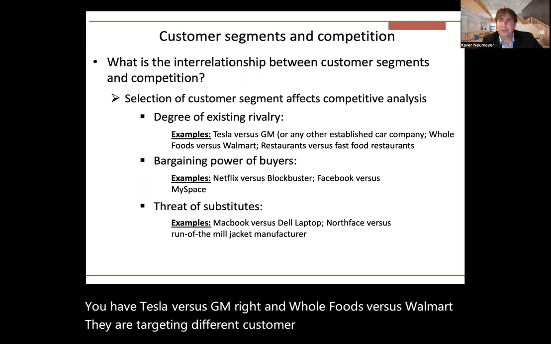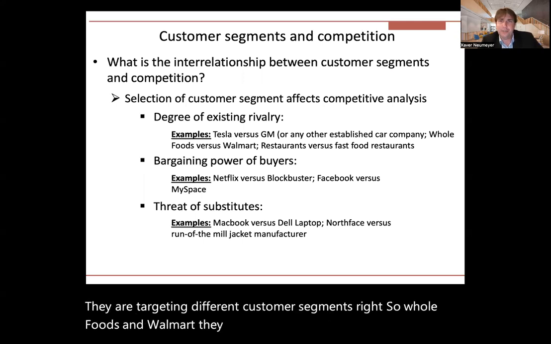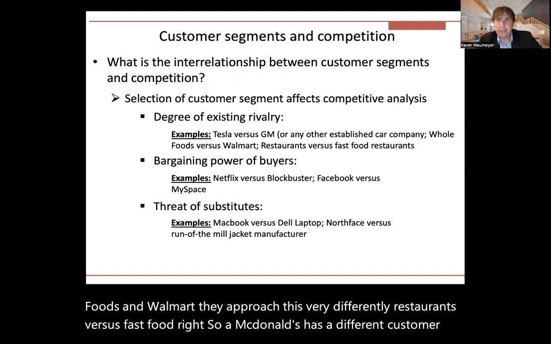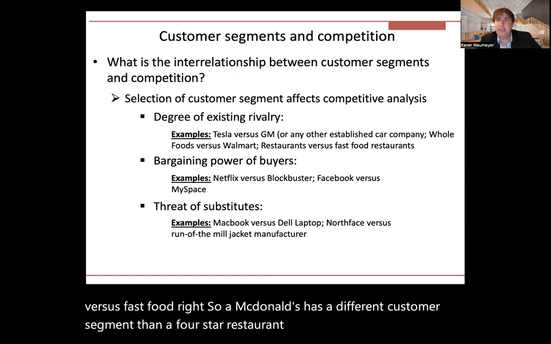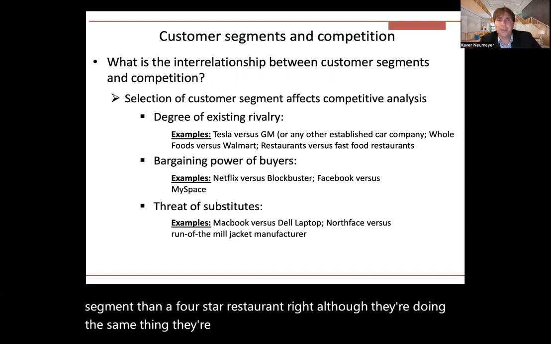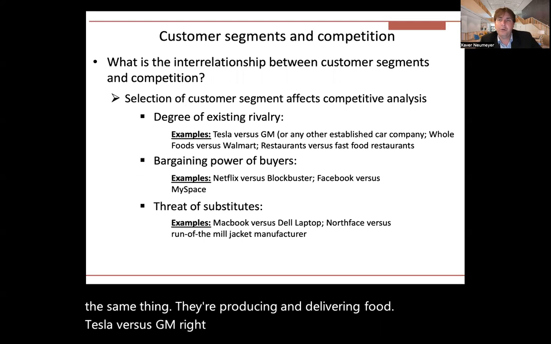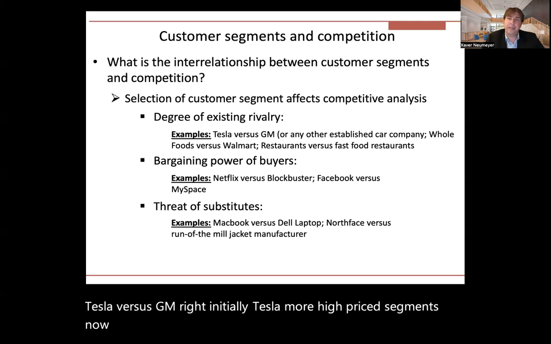So Whole Foods and Walmart, they approach this very differently. Restaurants versus fast food, right? So a McDonald's has a different customer segment than a four-star restaurant, right? Although they're doing the same thing, they're producing and delivering food. Tesla versus GM, right? Initially, Tesla, more high-priced segments. Now they're being more of a mass market car.